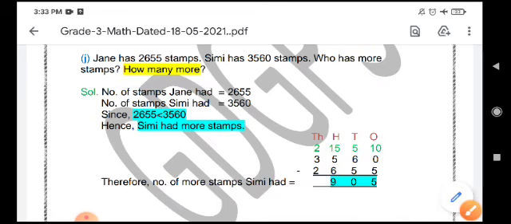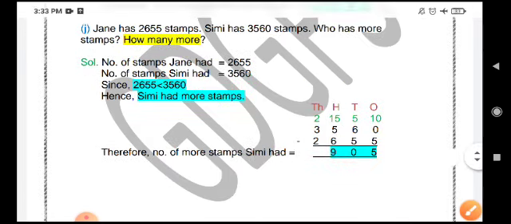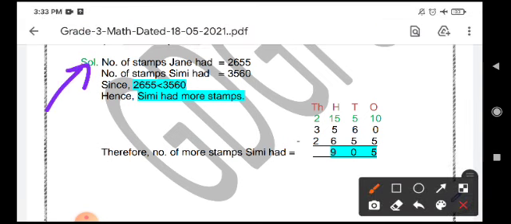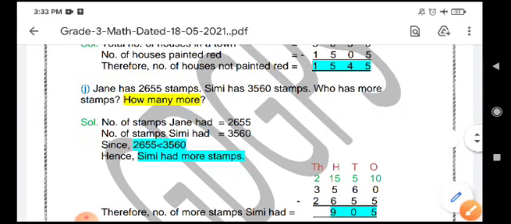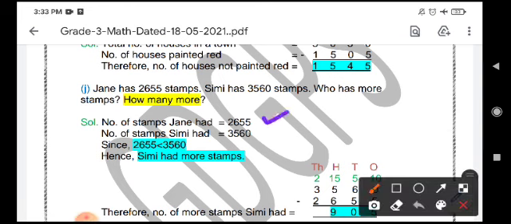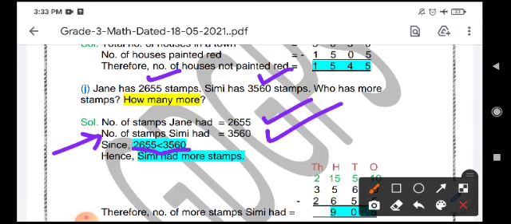Okay, now we will write the statements. Number of stamps Jane had, given 2655. Number of stamps Simi had, given 3560. Since 2655 is less than 3560, right? So Simi has more stamps.